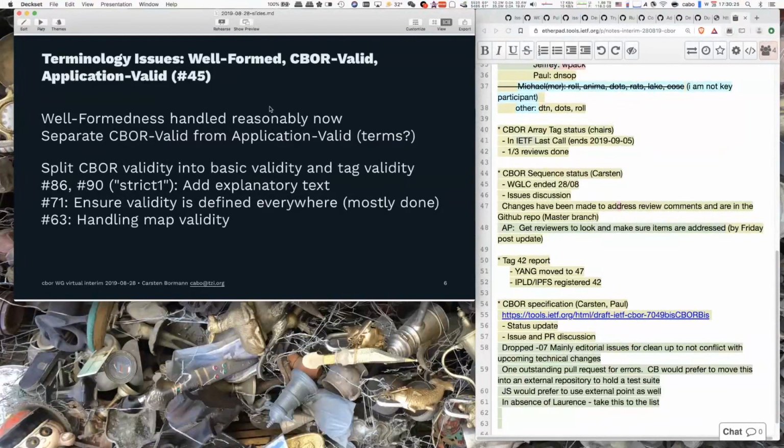So we may have to invent a term here or use these hyphenated things. I'm not sure. So if you have any ideas on how to call these things, that would be really useful.